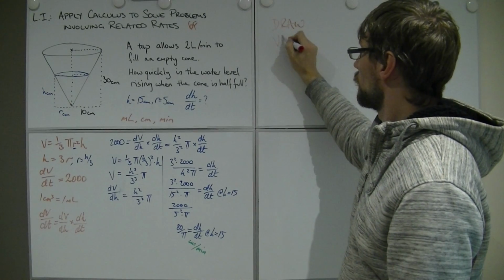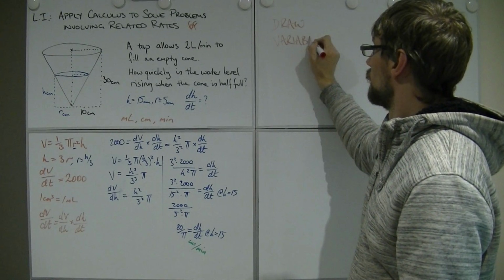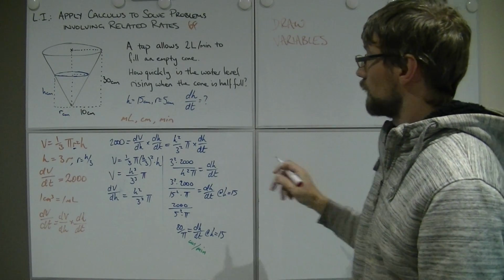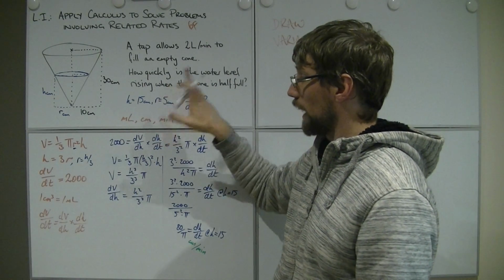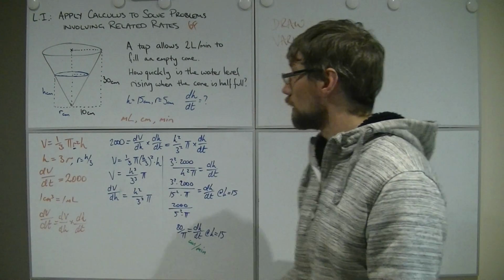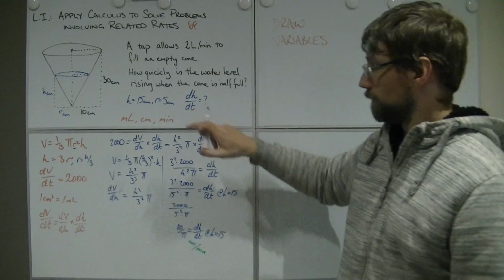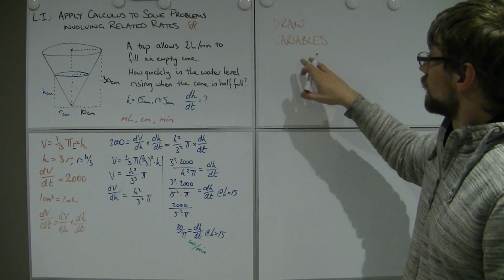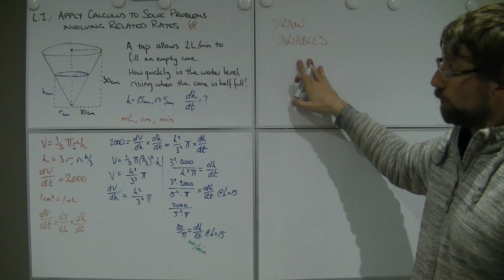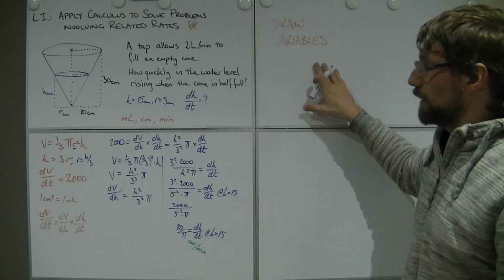ID your variables. So in this case, we had height and radius changing, and we also had volume changing, and time was our other thing that was changing. Beautiful, so ID whatever variables are potentially happening.